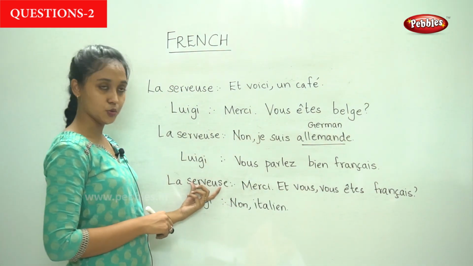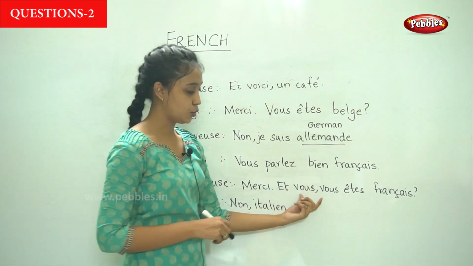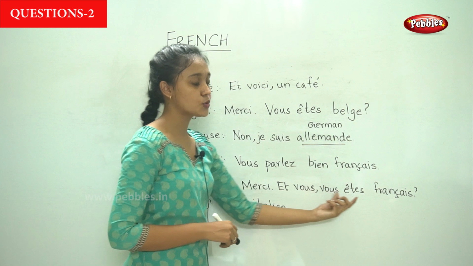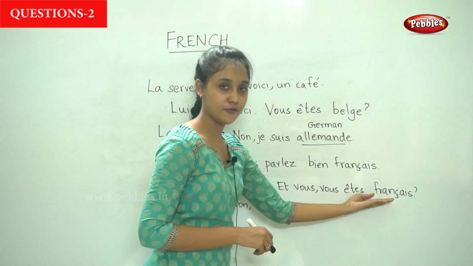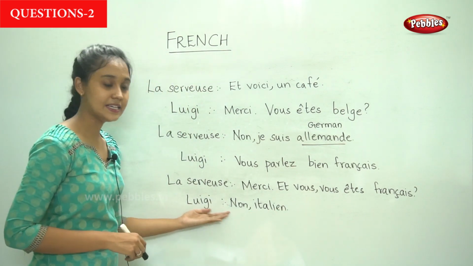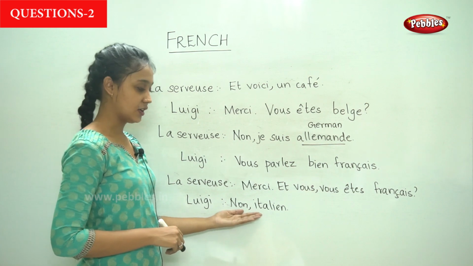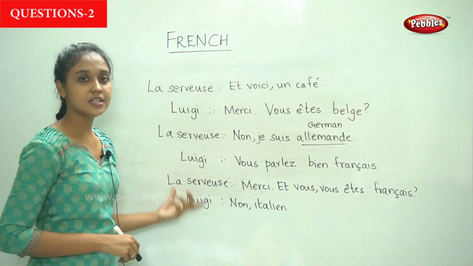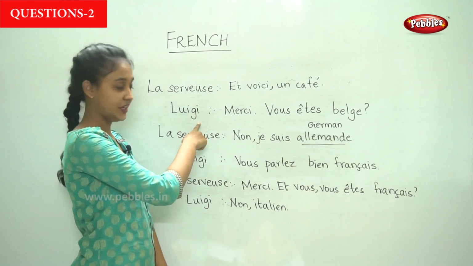So la serveuse, she says, merci, thank you. Et vous, and you, vous êtes français. You are French. You are from France. So he replies, non, italien. So it is a conversation between a waitress and a person named Luigi.